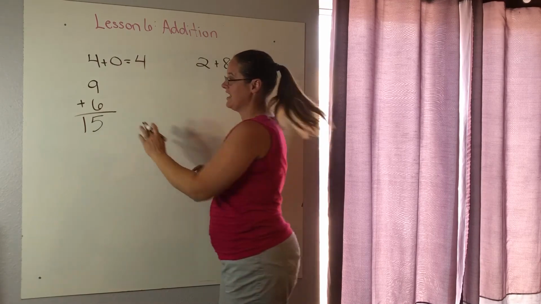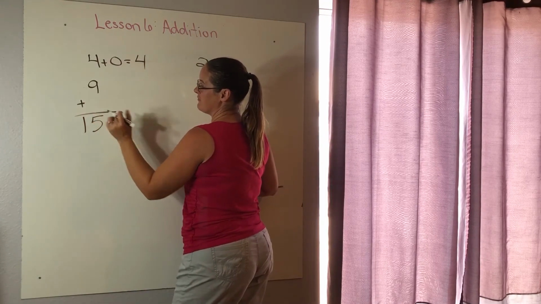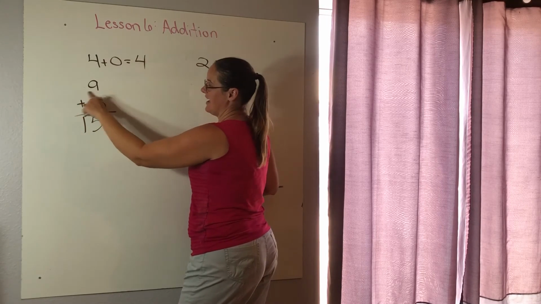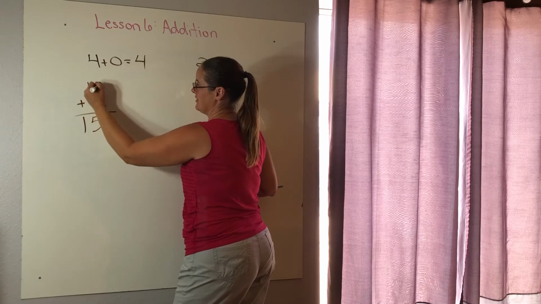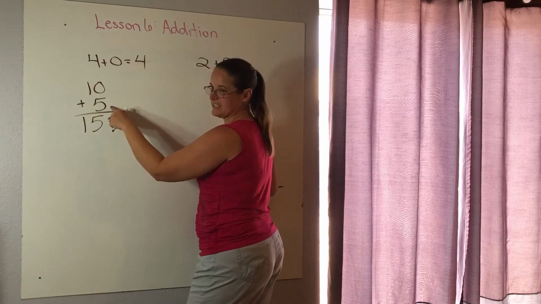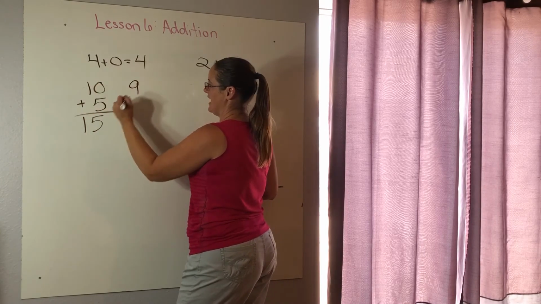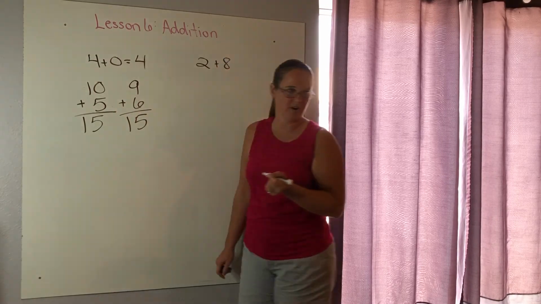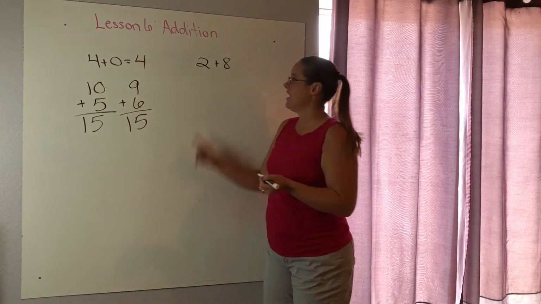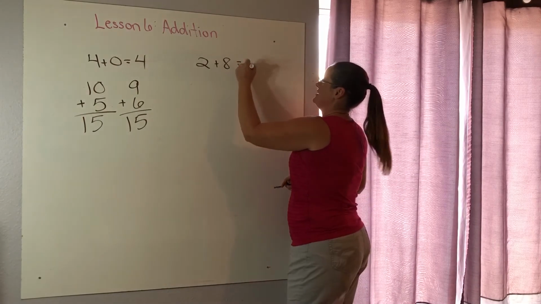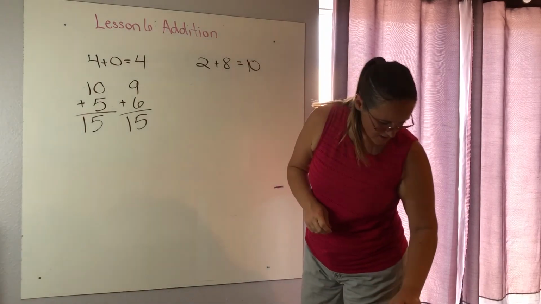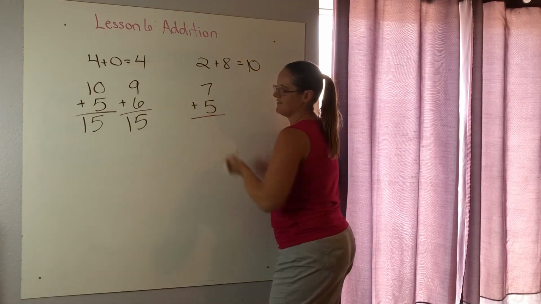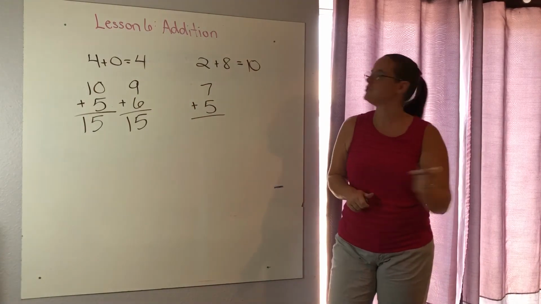You can take 8 plus 2, take one away from here and make it a 5. But if I take it away, I have to add it to here and make it a 10. 10 plus 5 is the same thing as 9 plus 6. We're going to get 15 for either one. And the last one, 7 plus 5. 7 plus 5 is? 12.